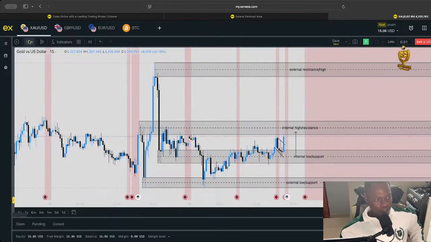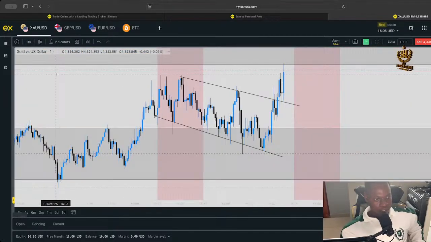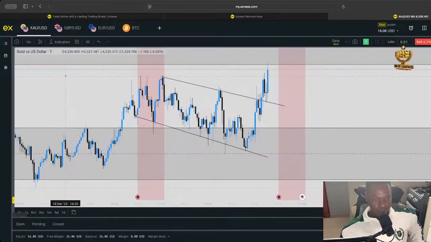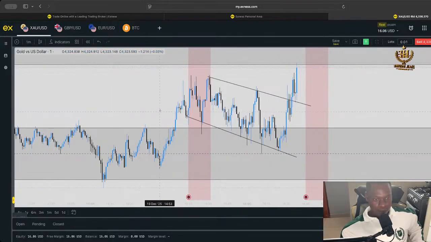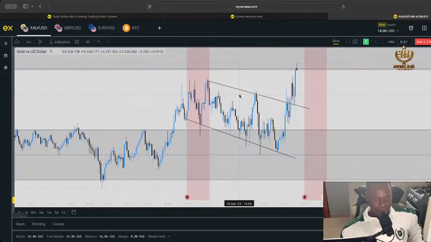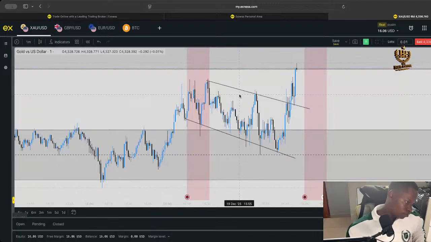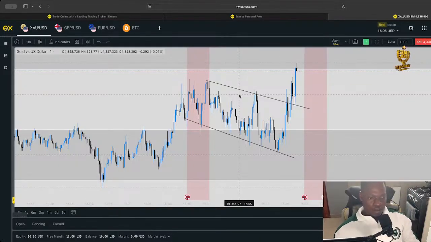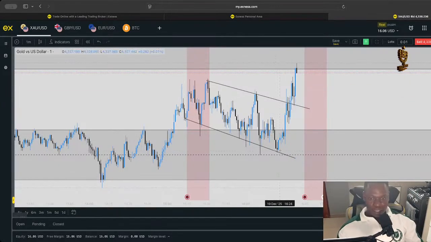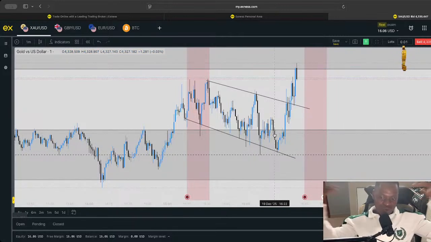Now let's see how it will be reacting from that level. Breakout and a retest. We had a perfect entry around that level, but price had to take us out, and it went.